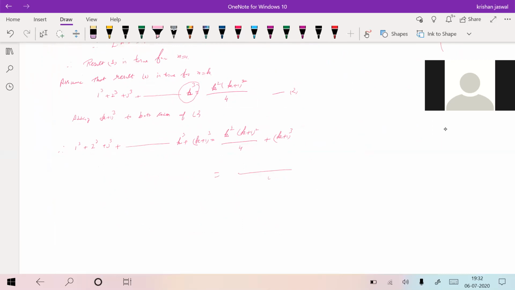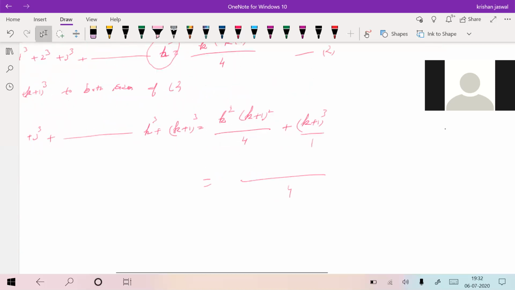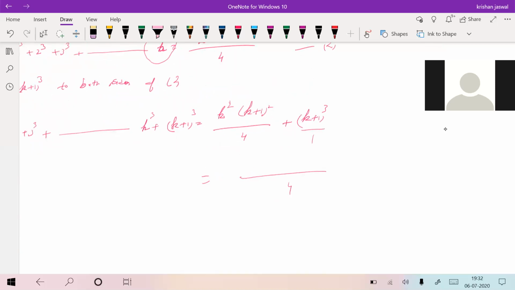Take 4 as LCM. In the numerator, k square into k plus 1 whole square, then 4 multiplied by k plus 1 cube.